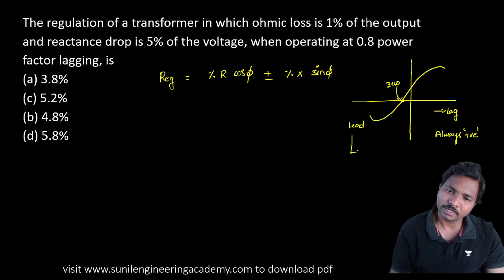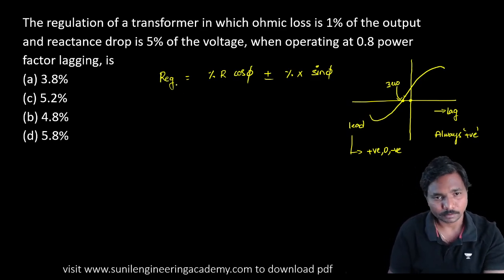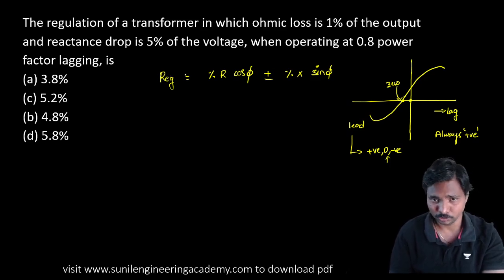But in case of leading, there is a chance of 0 regulation; this is positive, this is negative, so positive, 0, negative are all possible. If you want to get the regulation as minimum or 0, this is possible in case of leading only, whenever the sign is minus. Then only there is a chance of minimum or 0.